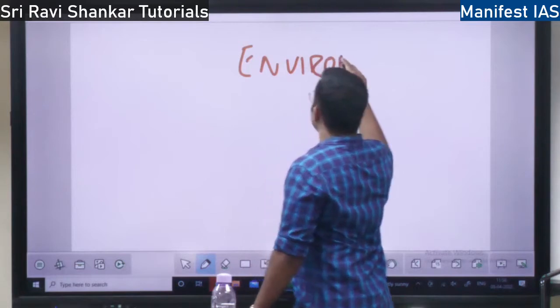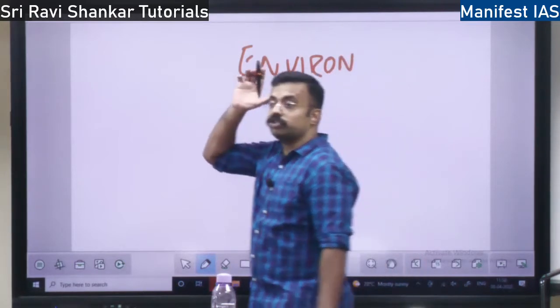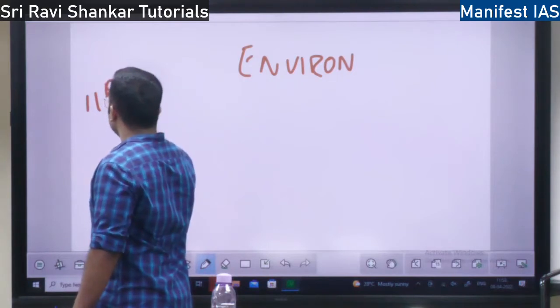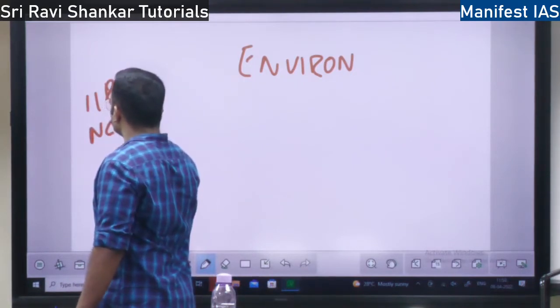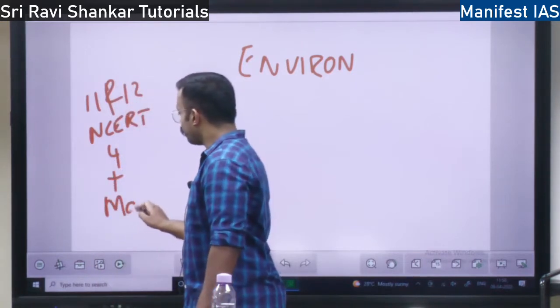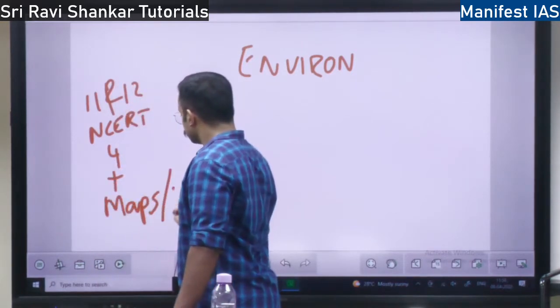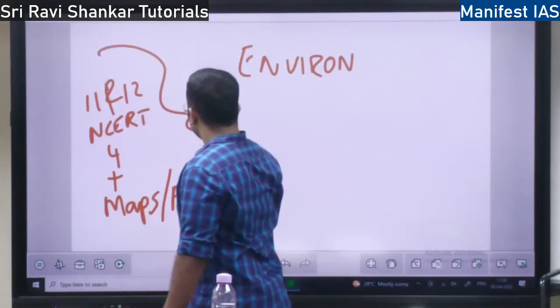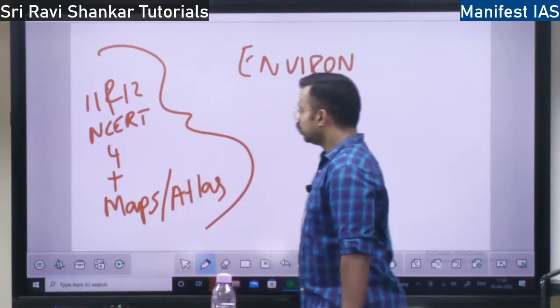So the sources for geography are class 11 and class 12 NCERT. 4 books are there. Along with that, your one map, atlas. This is the source for your Indian geography, right?